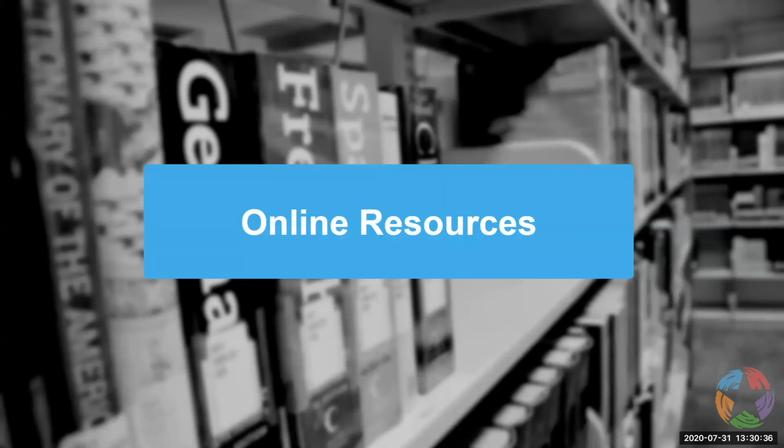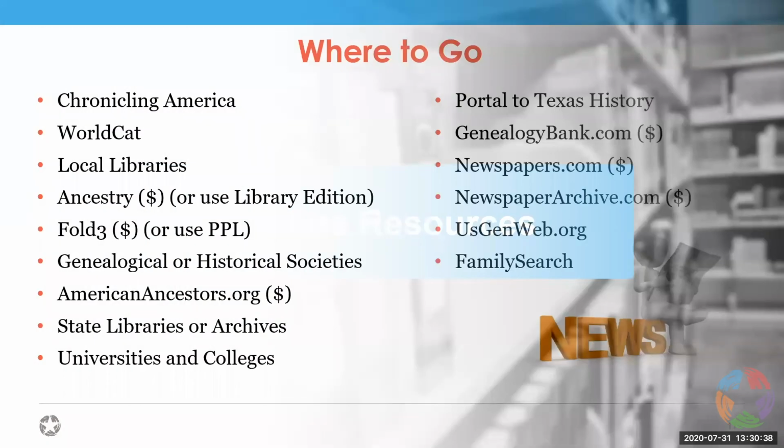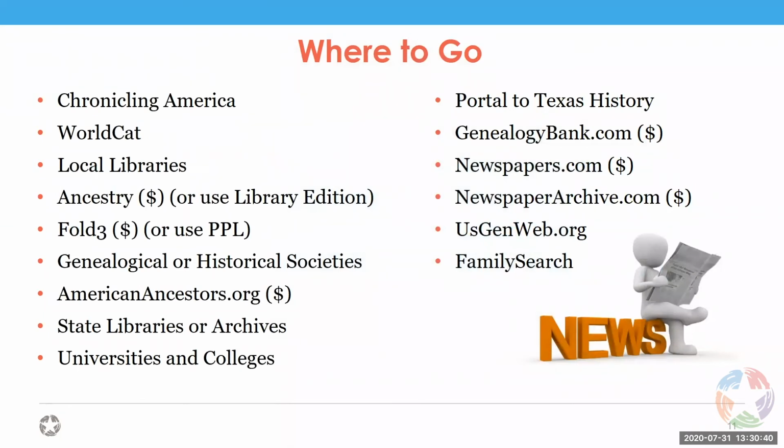So the online resources. We've got a number of resources that we're talking about this afternoon. Many of these are free, but we have some little dollar signs next to some of these. Many of them are paid subscription, paid membership access resources.